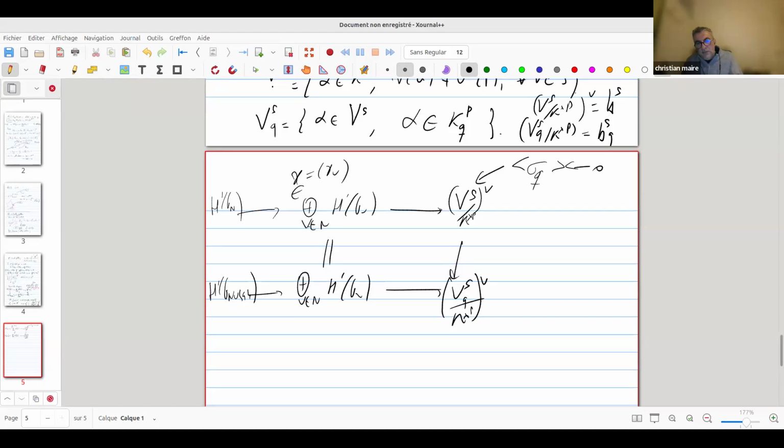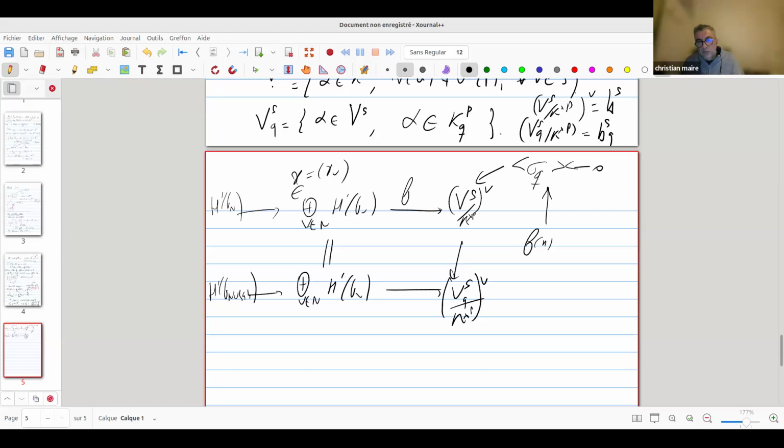And to be in the kernel of this map is easy. You take the image of x here, denoted by f, and it will be in the kernel if the Frobenius is chosen such that f of x is also in the subspace generated by the Frobenius.